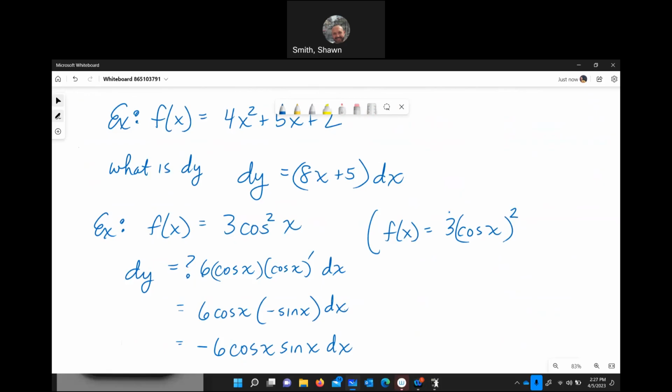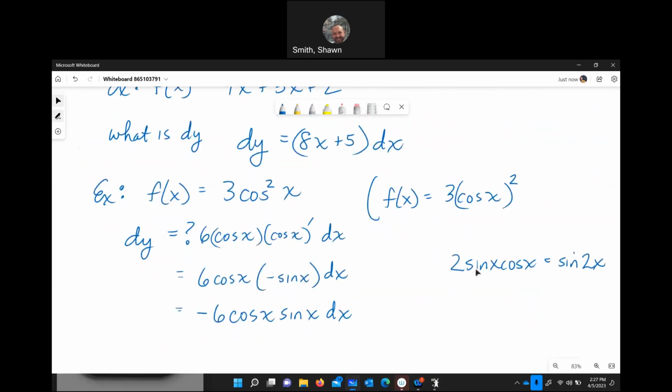Anybody see another format you could put it in? I'm just looking at my notes. You don't have to go any further than that. That's perfectly fine. But just to throw in some trig, 2 times sine x times cosine x is the sine of 2x, right?